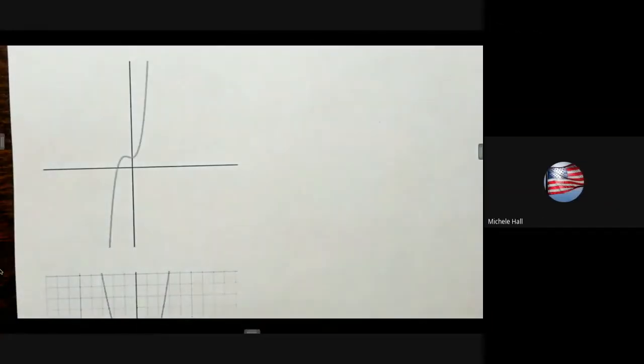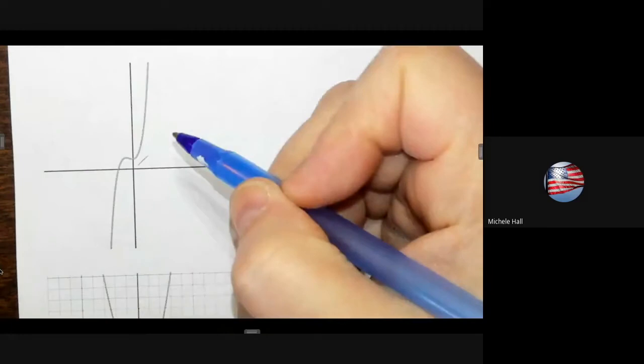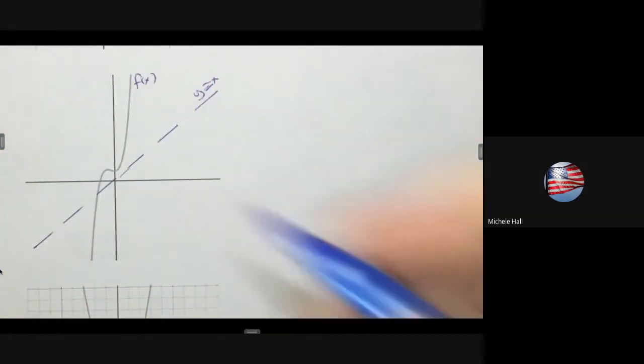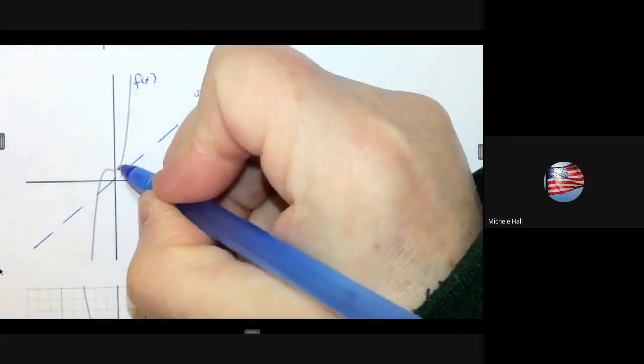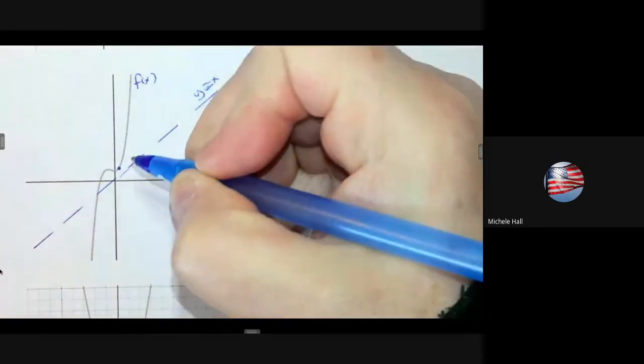This is 1 to 1, so I can find the inverse. Going to look for that 45-degree angle line. Looking for some good guiding points. For this one, it's just a little bit away. Make sure that I am perpendicular.